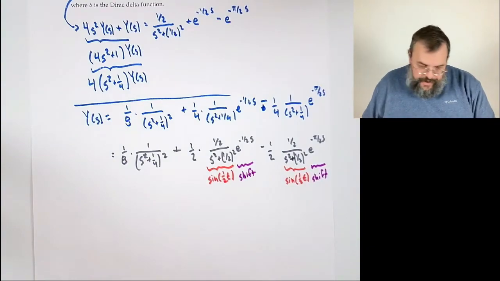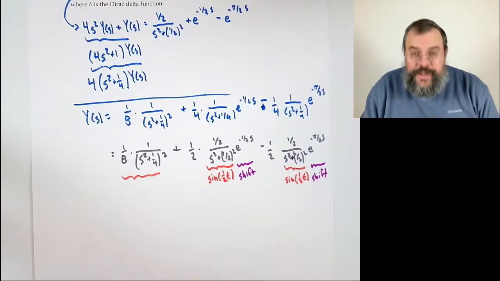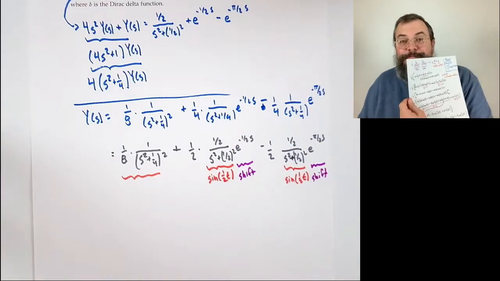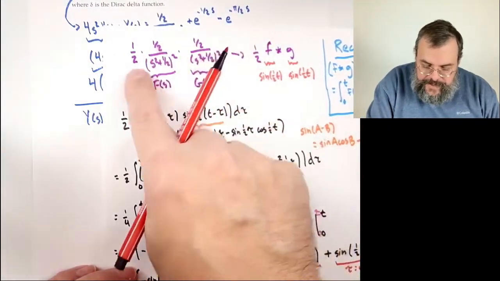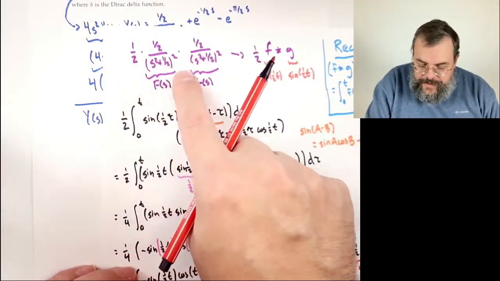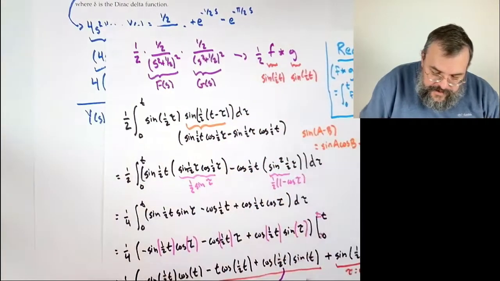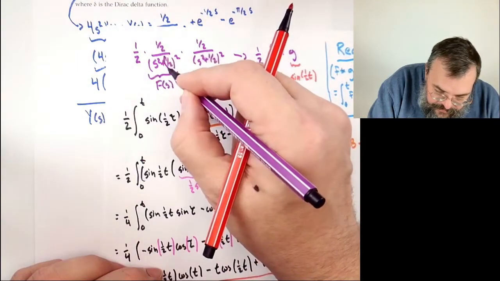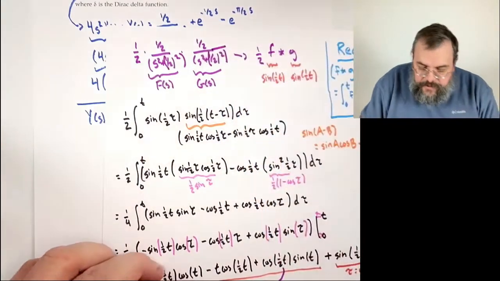And this first part, this hard fought for piece, that's this page. So that's this 1/2 times half times half. So that's the 1/8, 1 over s squared plus a half squared.